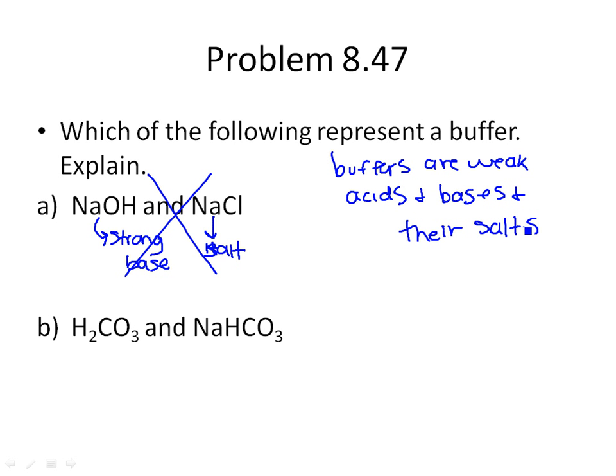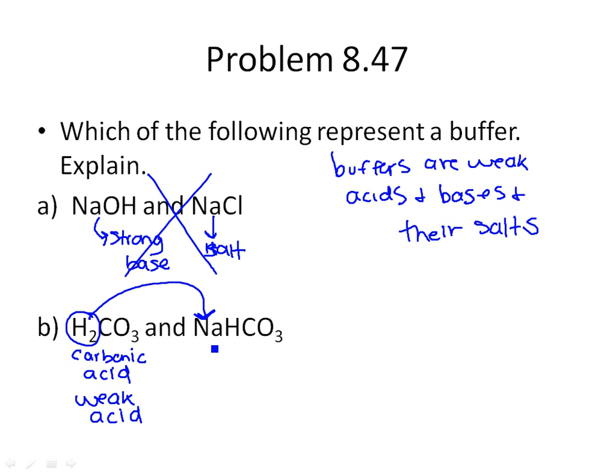We look at B, and you look at your table that's in the book, we have carbonic acid. And it is a weak acid, so we have a possibility here that this could be a buffer system. And if we look here, our hydrogen has been replaced with a sodium metal atom.